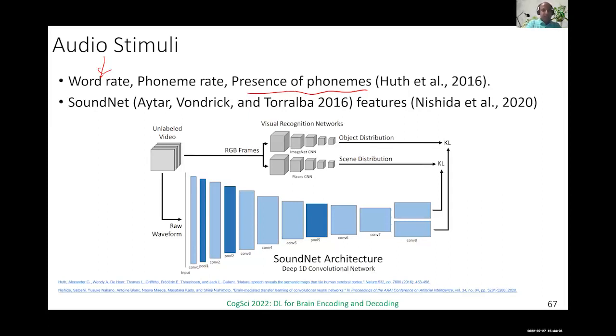The other way is the SoundNet method, which is a very interesting method. It takes your unlabeled video, gets the raw waveform out of it, computes a spectrogram out of it, and what you see here is a convolutional neural network which tries to encode this video. On the other hand, you can also take the RGB frames from this video, and for each of those frames, you could run an object detector or a scene detector on top of it.